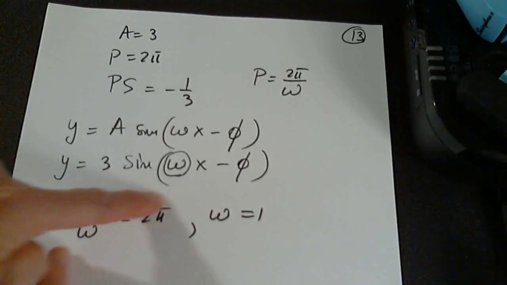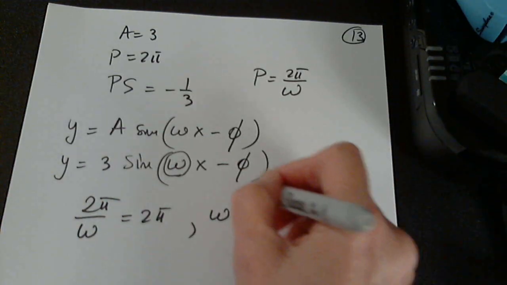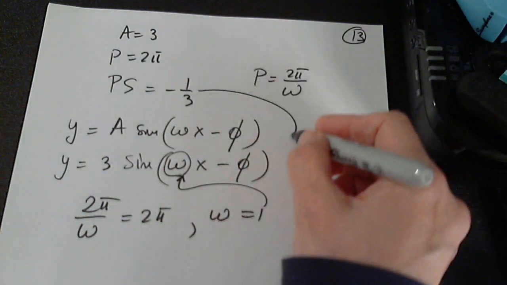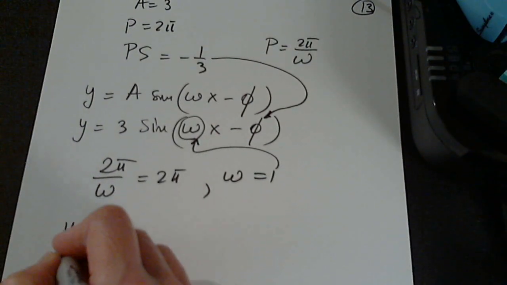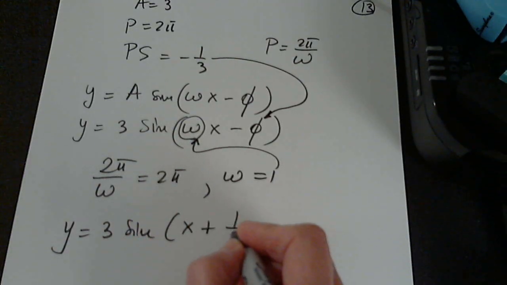Remember, in a proportion, you can do this, or cross multiply. So 2 pi over 2 pi will be 1. So this number is 1. There is nothing I can do here. There is nothing I can factor out. So then in this case, the phase shift is this. So then y equals 3 sine x plus 1/3.